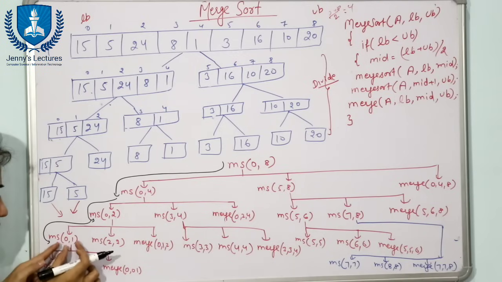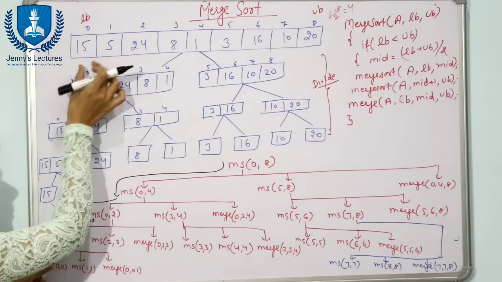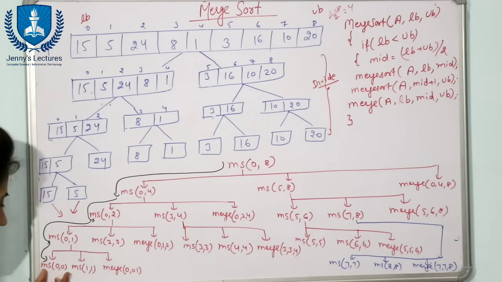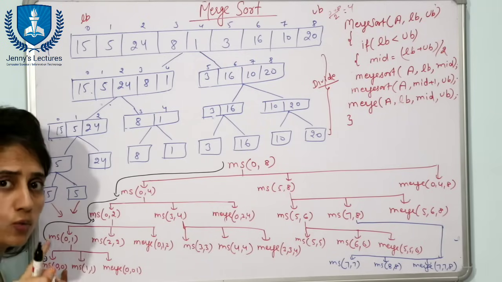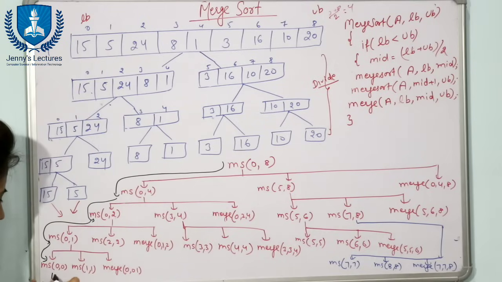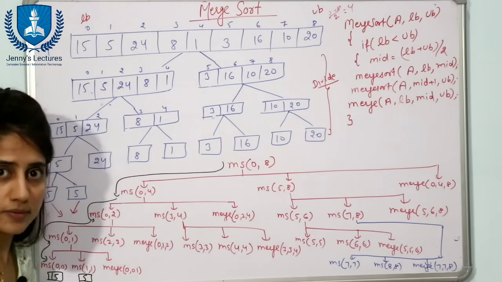Now for sorting of zeroth and one element, we are going to divide this into two halves only. So here we are going to call this one ms 0 0 and ms 1 1. 0 0 means we are having only one element now, 0 0, that is 15. Here we have 15 and here we have only 5 because we cannot further divide it.